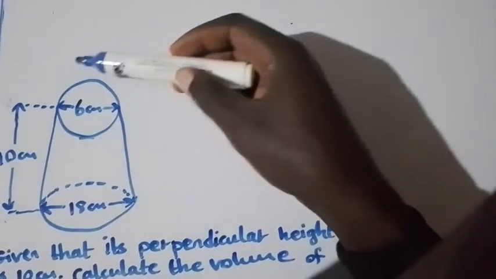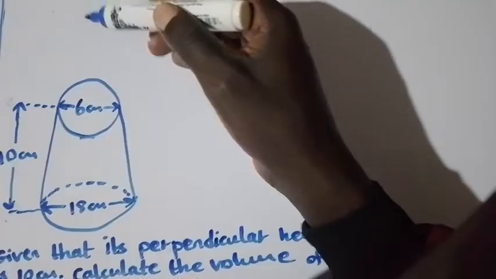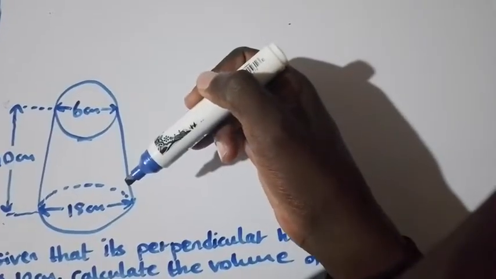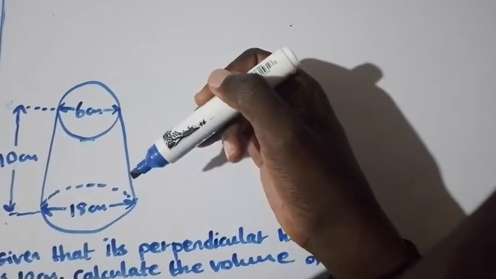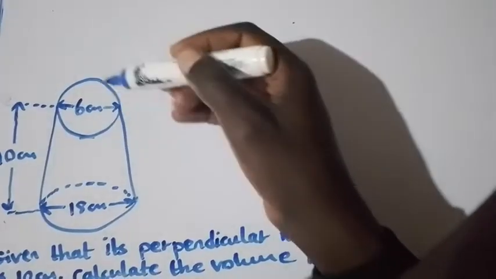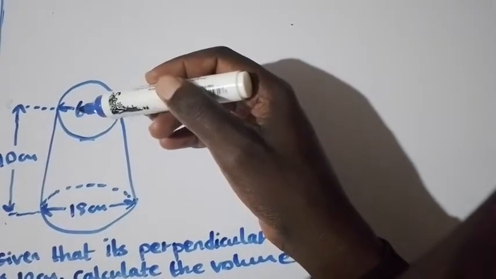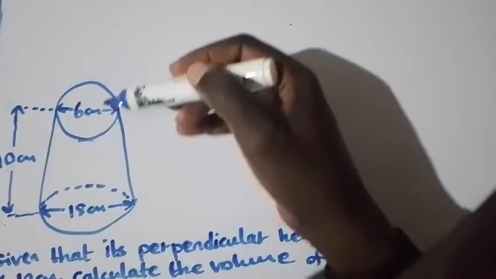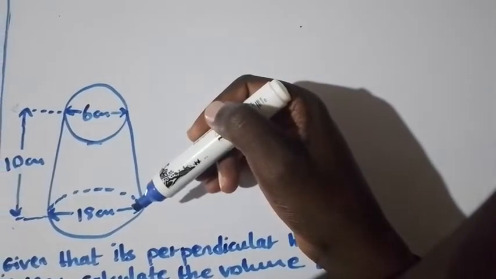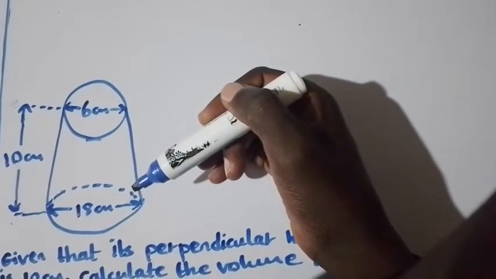If we extend the removed part, then we are going to have a cone. If you get a cone and remove the top part, or cut it halfway, what is going to remain is what is called the frustum.